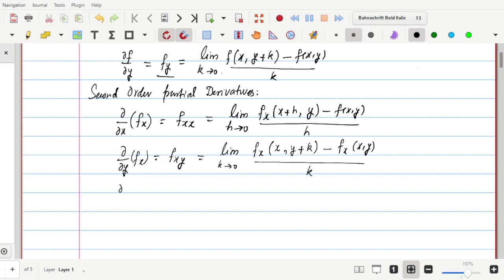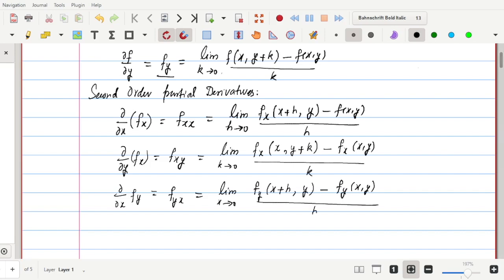Next we can also take a partial derivative of fy with respect to x, which we denote by del by del x of fy, written fyx, which is equal to the limit as h tends to 0 of fy of x plus h, y minus fy of x, y, whole divided by h.